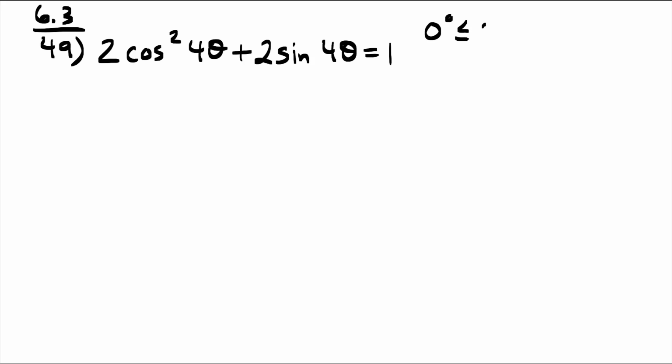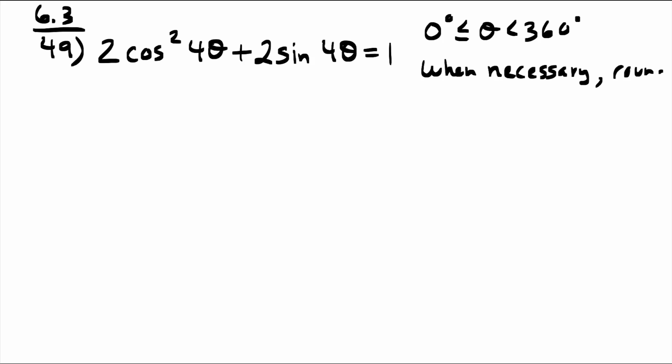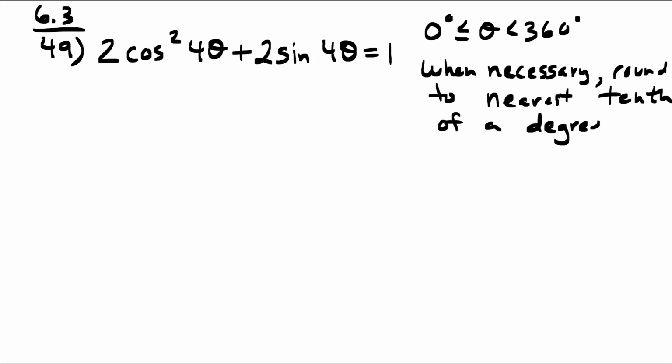We are going from 0 to 360. And again, this little disclosure here: when necessary, round to the nearest tenth of a degree. So we could possibly be using calculators.